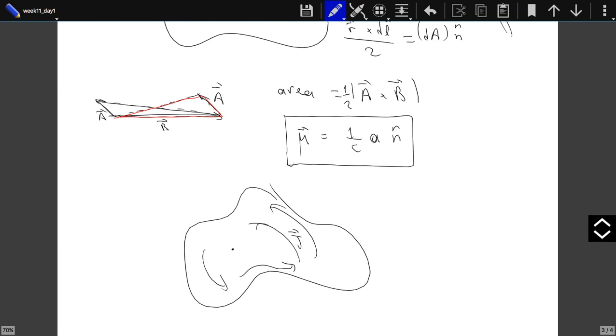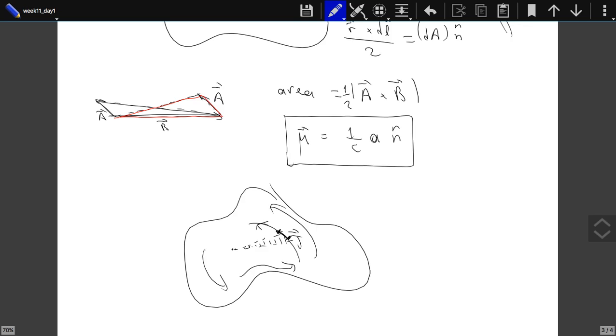Now let's go back. Since it doesn't depend on the origin, I can just choose any origin I like. So let me just choose that origin over there. So there is a current running through here. I can just imagine this very small segment. And then there is this area.